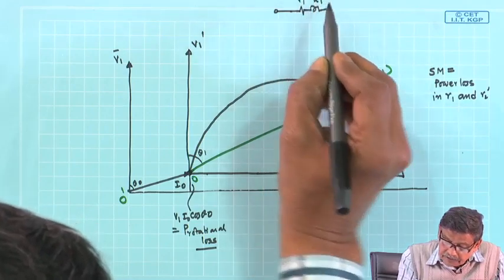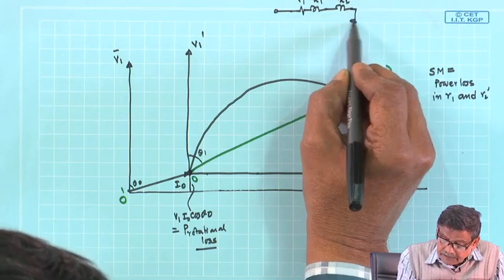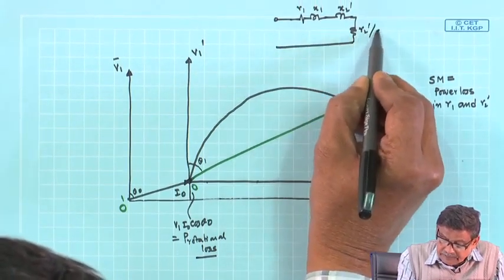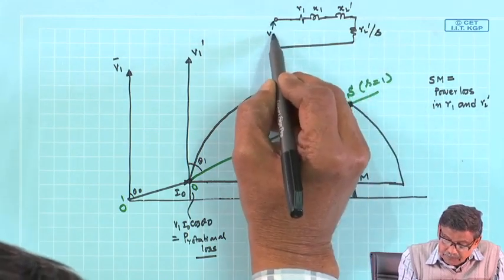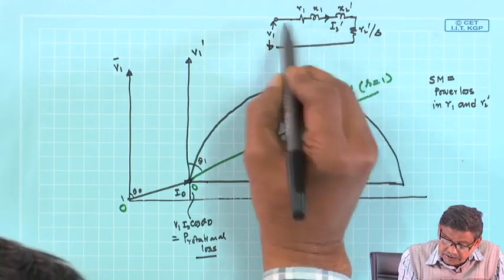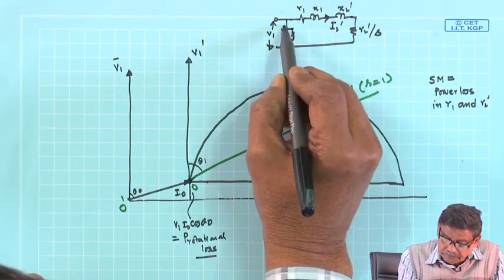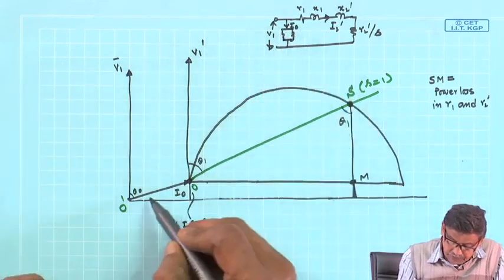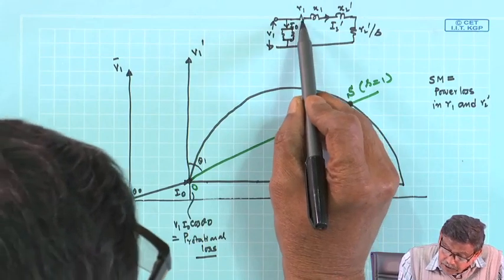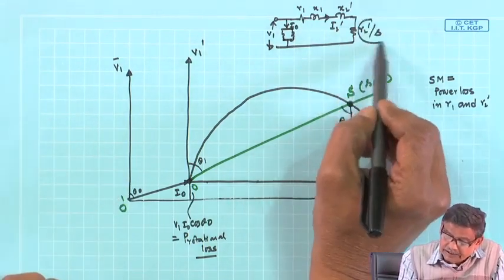R1, x1, this is x2 dashed, and this is R2 dashed by S, and this is V1. This current I am calling I2 dashed, and this is the parallel branch, which is I naught, I have shown. So, here the power loss will be in R1 as well as R2 dashed by S. Power in this is the air gap power.